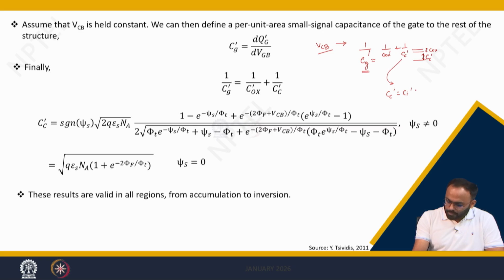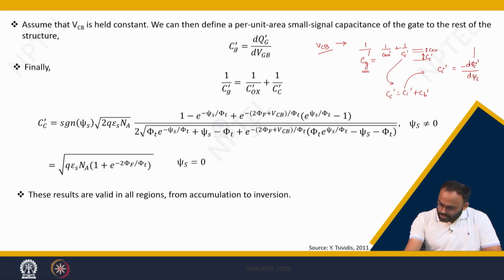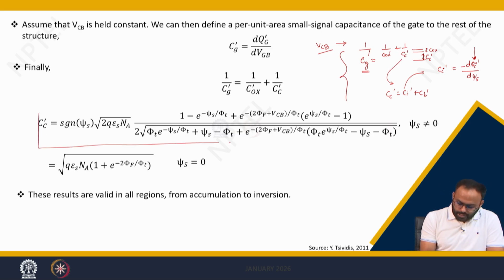Here Cc dash can again be split as what? Ci dash plus Cb dash, and we know that Ci dash and Cb dash can be rewritten as delta Qi dash by delta psi s. This is the charge equation which actually includes VCB, and hence if we do the same kind of integration that we proposed in the 2-terminal structure, you will get a closed form equation of Cc dash.